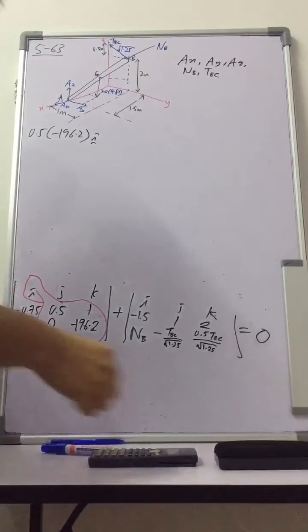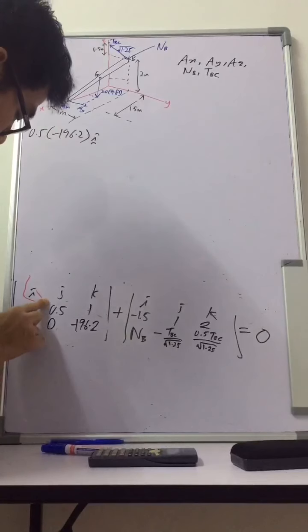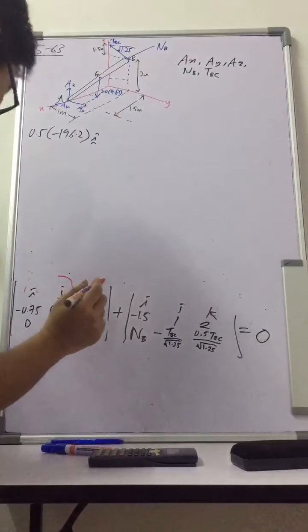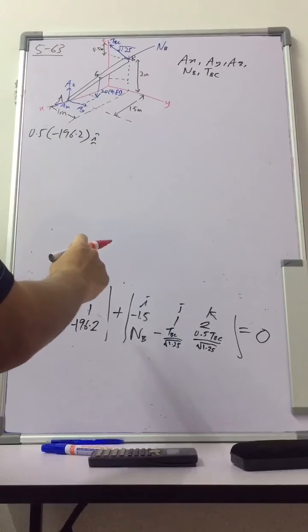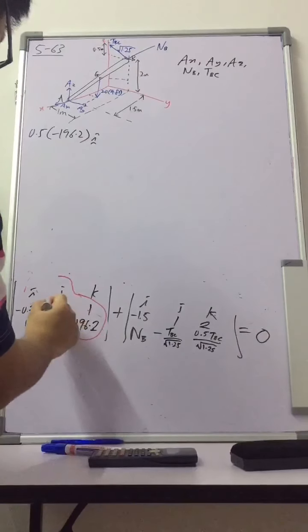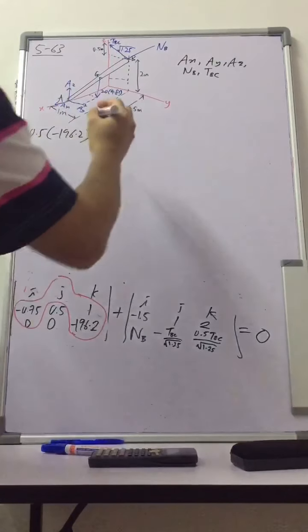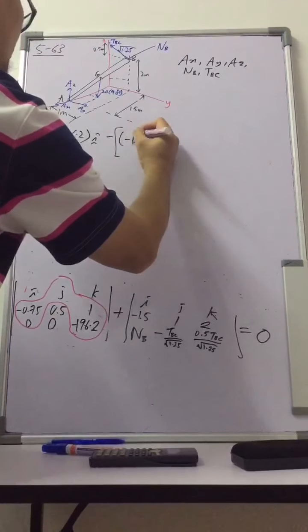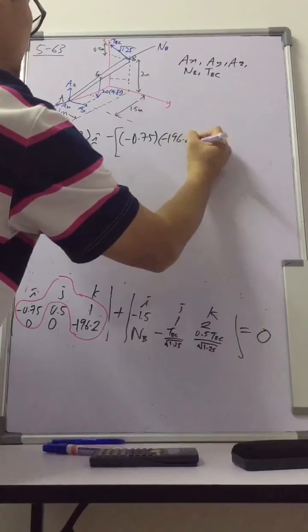The j will be minus this times that minus 0.75 times minus 196.2, right?